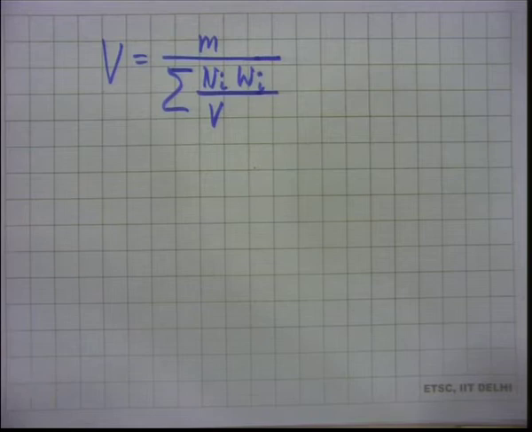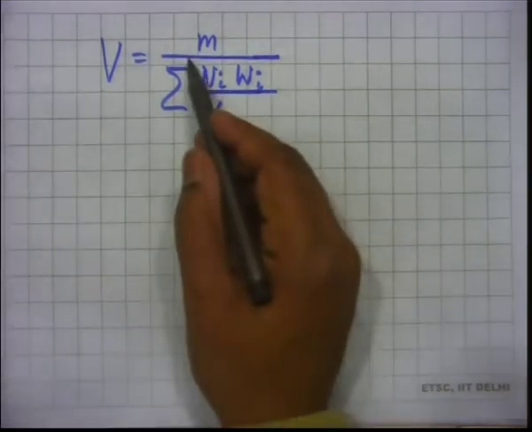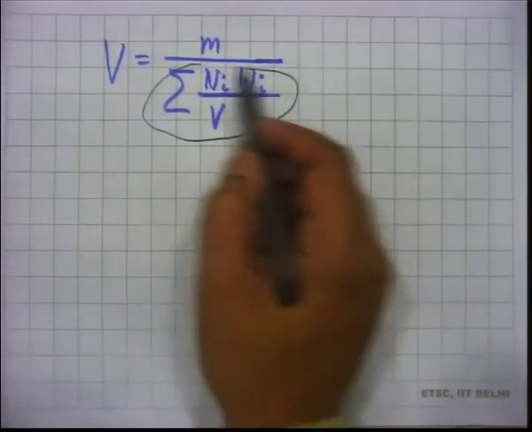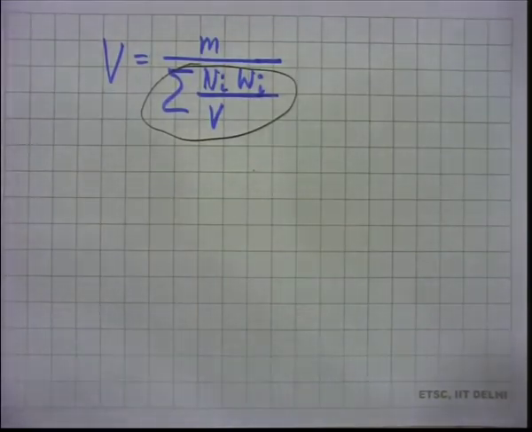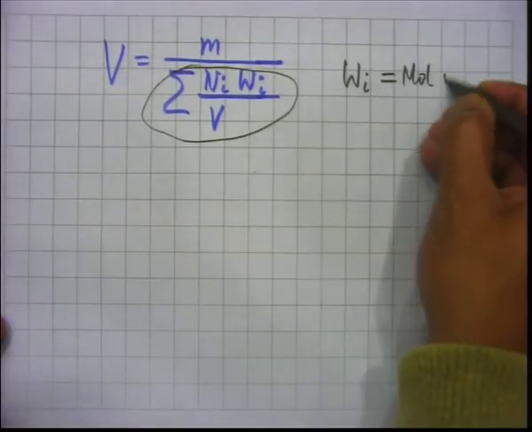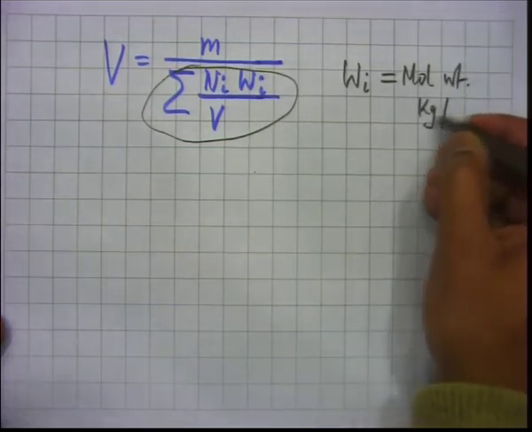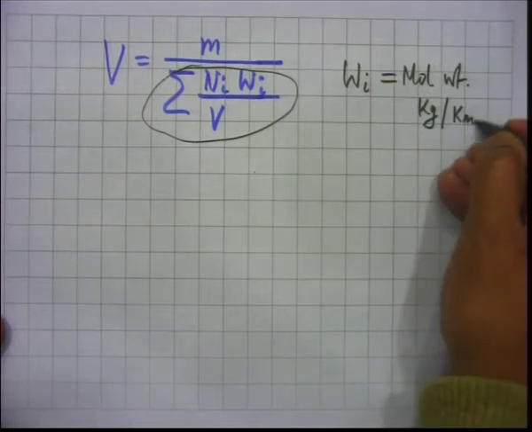So, do we understand this? Volume is mass divided by density. So, is this density? What is Wi? Wi is the molecular weight of the ith species, and this unit is typically kg per kilomole.